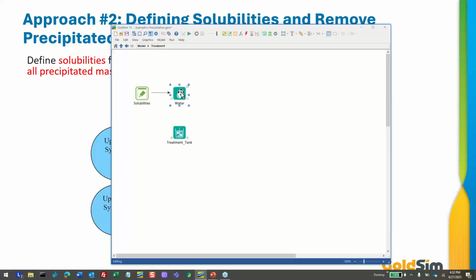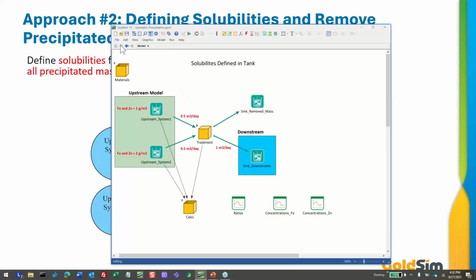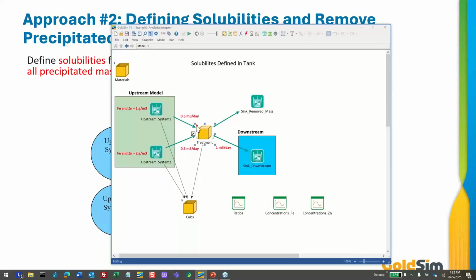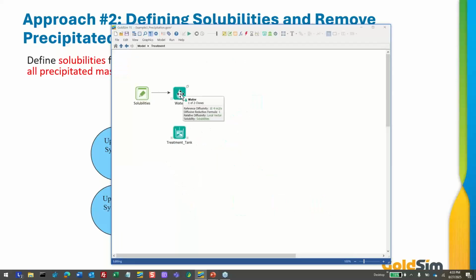You can say, well, wait a second, if they have all the same properties, they're going to have the same solubility. The way this model is going to work is everything else in the system, and obviously you'll have a lot more in a real model downstream and upstream, is going to be looking at this water for its properties. That's what they're linked to. This one is going to link to this water.